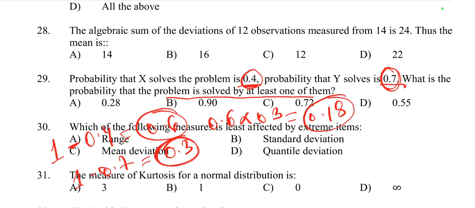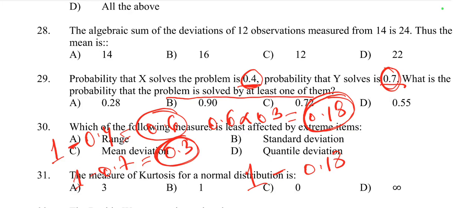Now calculate the probability that at least one of them solves the problem. It is 1 minus 0.18, because 0.18 indicates that neither solves the problem. So the probability of at least one solving is 1 minus the probability of neither solving.